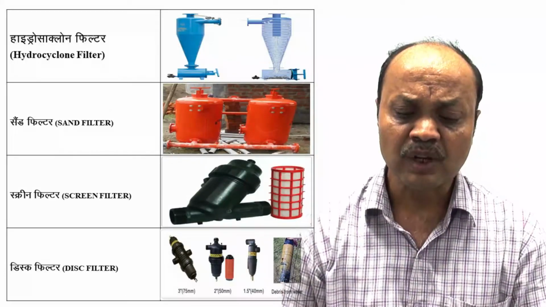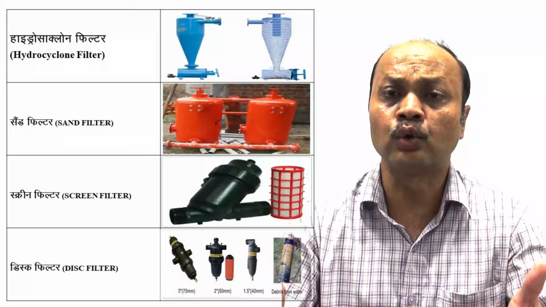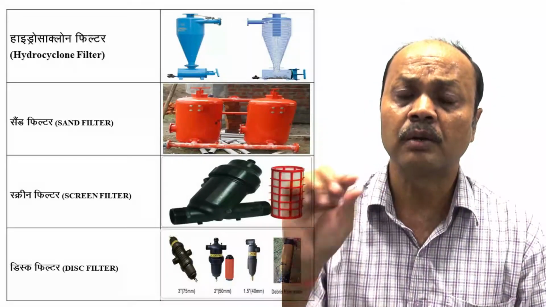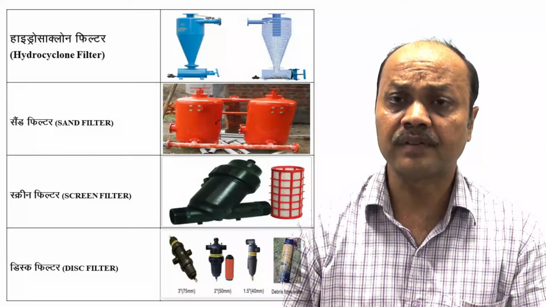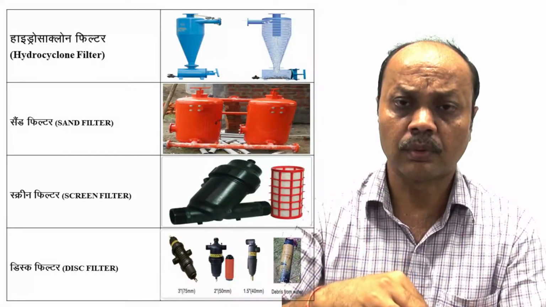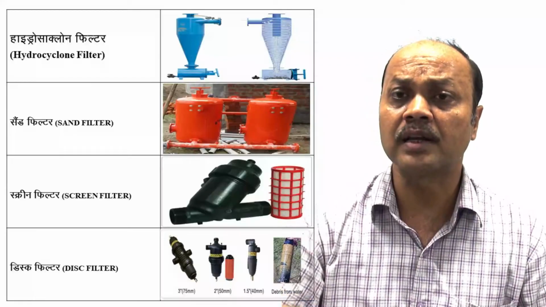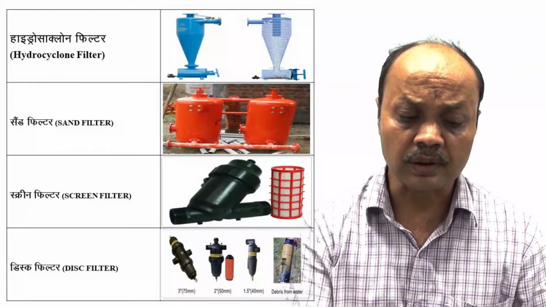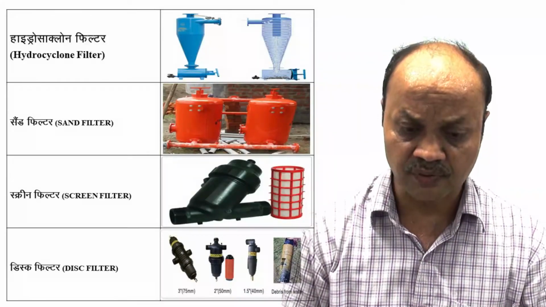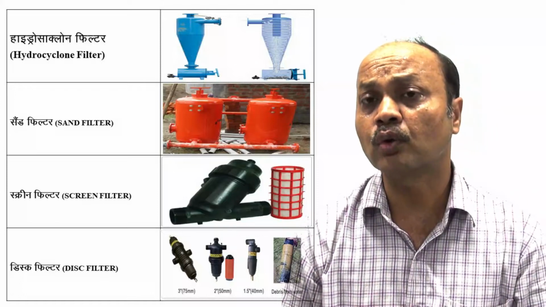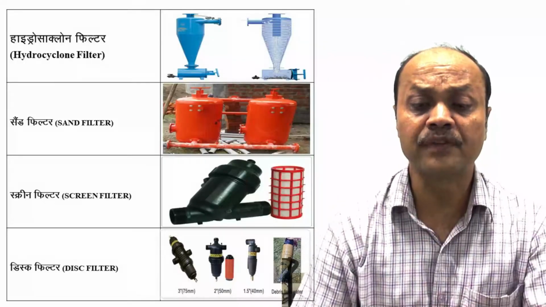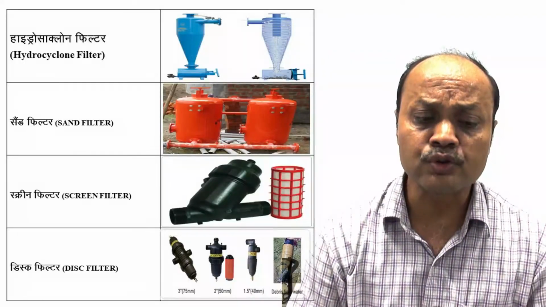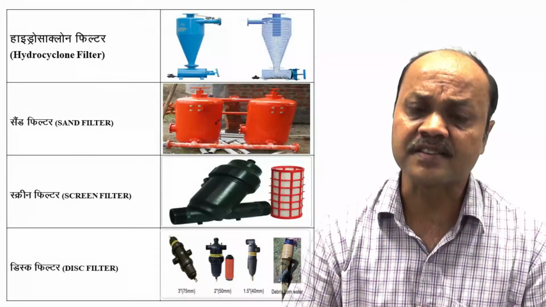The disc filter works in two steps. In the first step, the bigger particles are removed, and in the second step the smaller particles are filtered, right? So this is the two-step process in the disc filter. As I told, based on your quality of water and which type of dissolved particles are there, you normally use the sand filter followed by your screen filter.